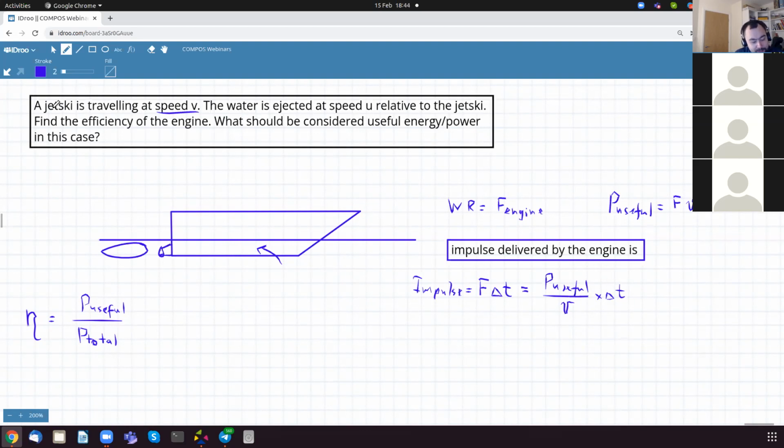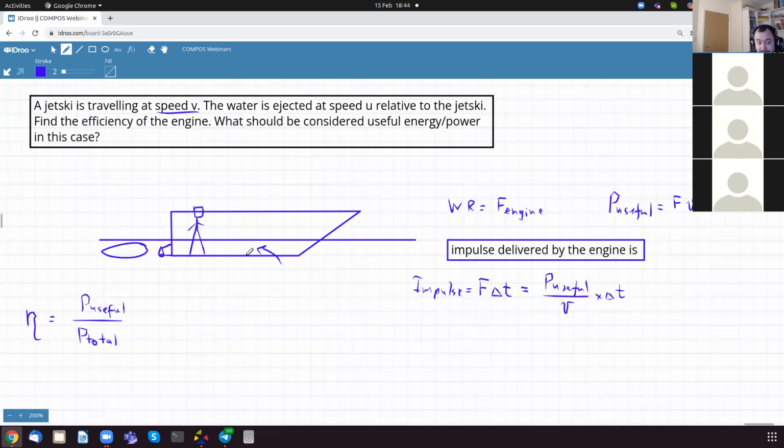All right. Now the total power. You need to understand that the total power can be calculated in the frame of reference of the ship. So you are in the frame of reference of the ship.